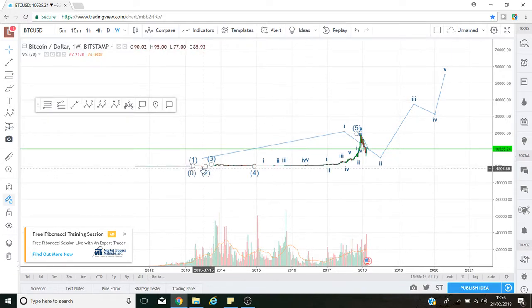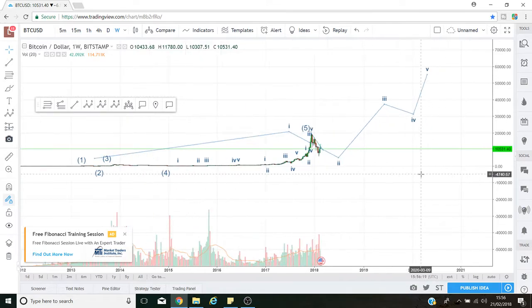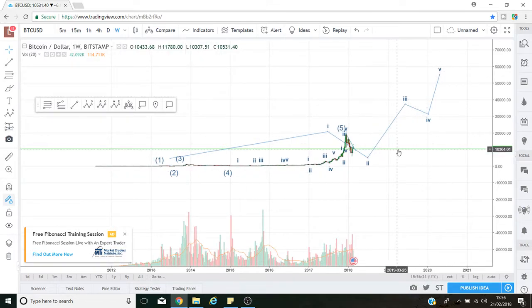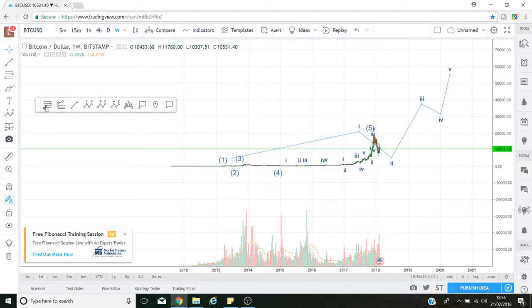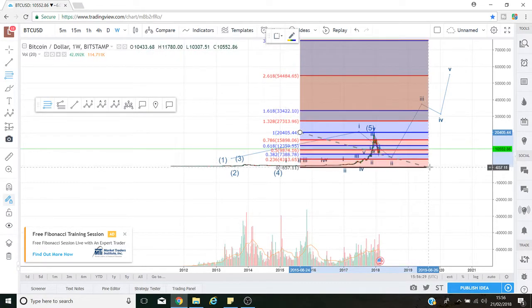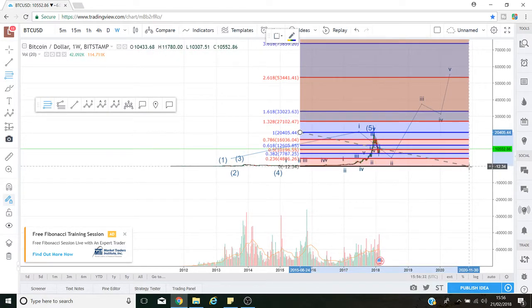That's wave 1, wave 2, wave 3, 4, 5. The way I try and predict where wave 5 will finish is I find the 2.618 extension of wave 1 from the base of wave 1. So this is where I'm predicting price to go.